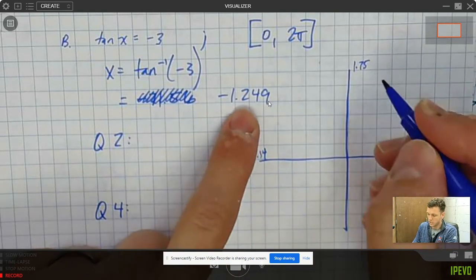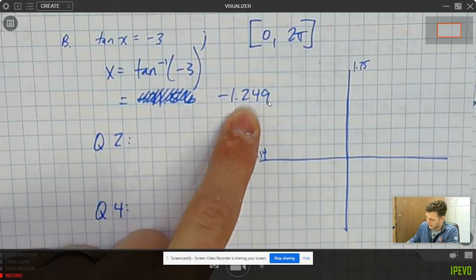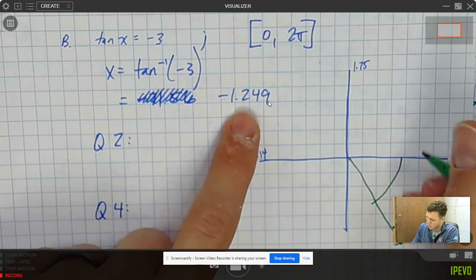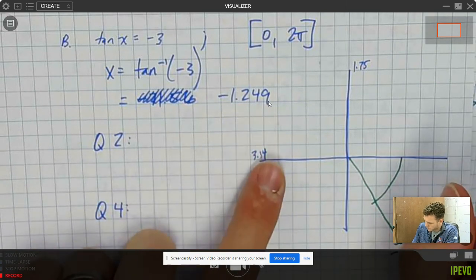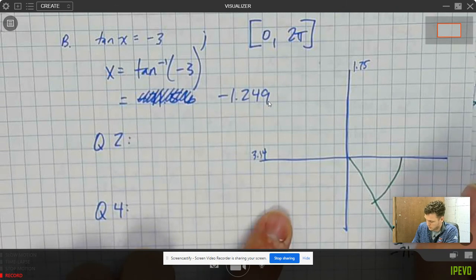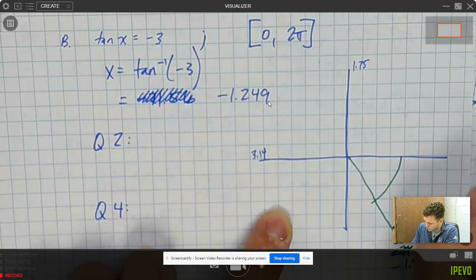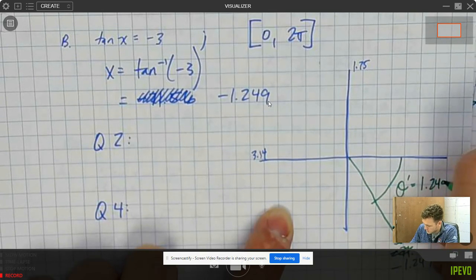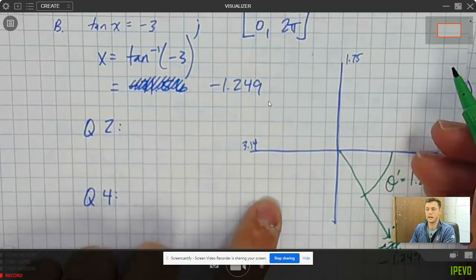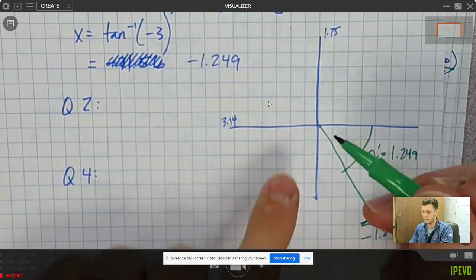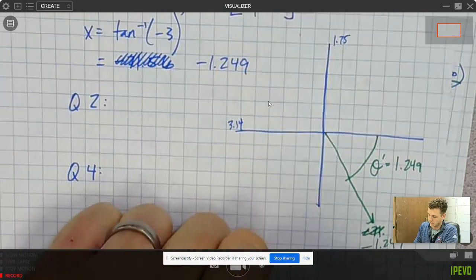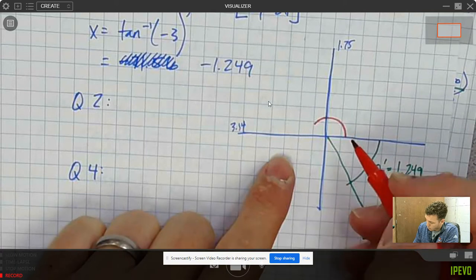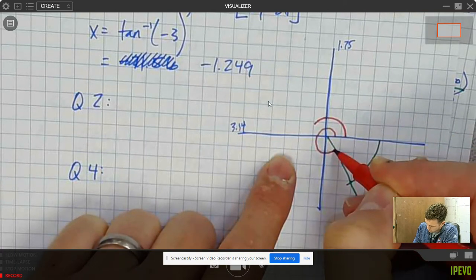And so what we need to do is find the positive angle measurements in quadrants 2 and 4 that have those same reference angles. So in this one, for quadrant 2, I'm going to take pi and subtract the 1.249. And in quadrant 4, I'm going to take 2 pi and subtract 1.249.